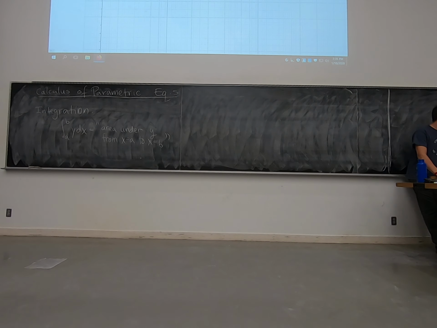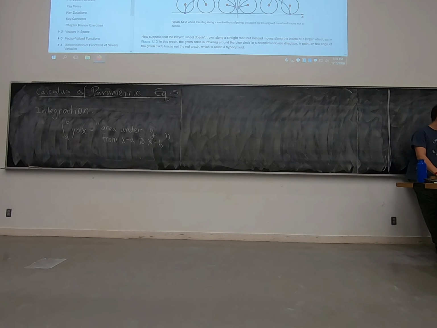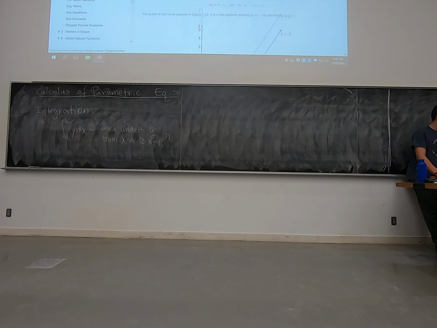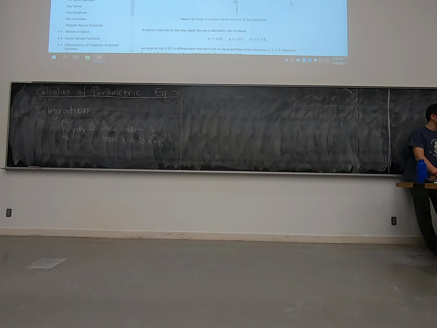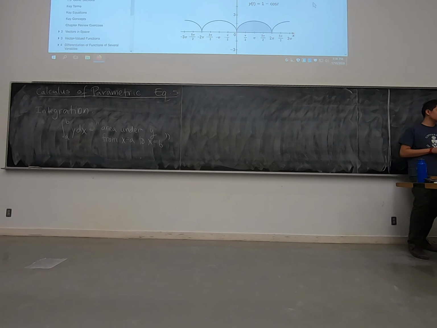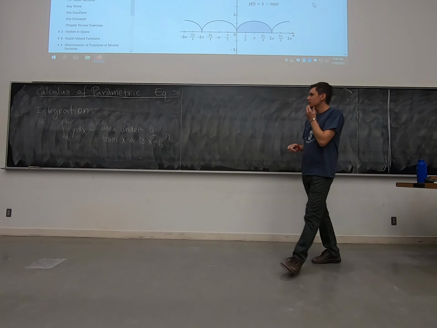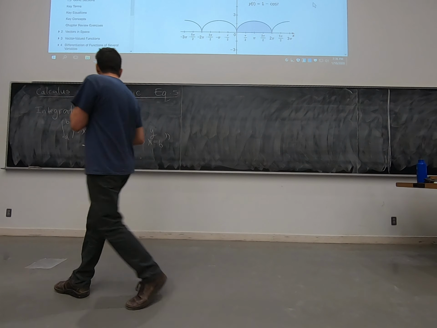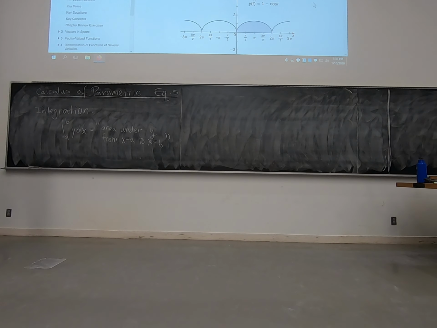Just to say where we are in our book again, we're now headed back to calculus. And we're now on integrals involving parametric equations. And hey, look, there's our friend the cycloid. Okay. So, what we'll do is we'll answer that question that Galileo asked, which is how much area is underneath an arc of a cycloid?